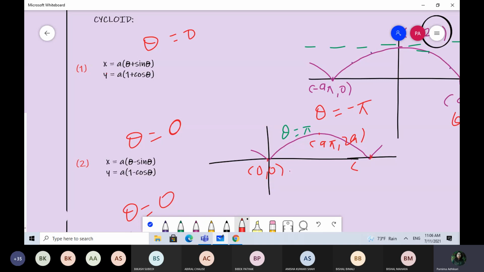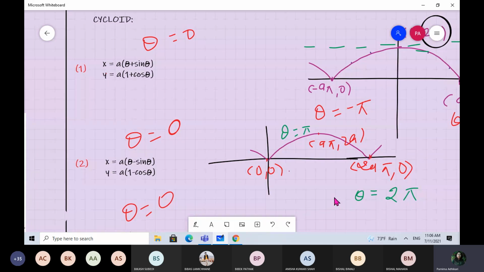Theta is 2 pi, the value of x is 2a pi, and y is 0. Very good. Up to here it was a pi, and here there is again a pi distance. So this is a total of 2a pi distance for x, and y is 0, so it meets the x axis, and your theta is 2 pi. And so on. So this is your second cycloid.